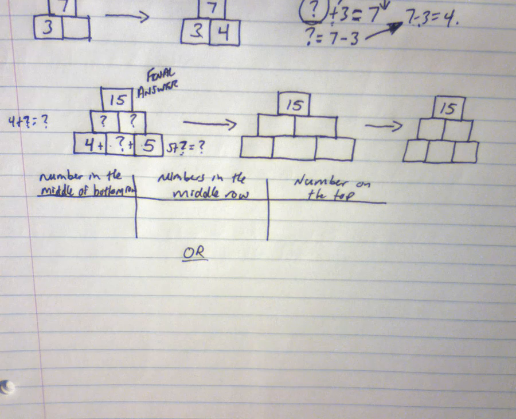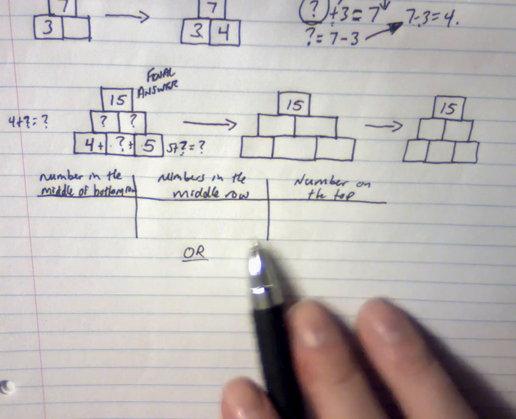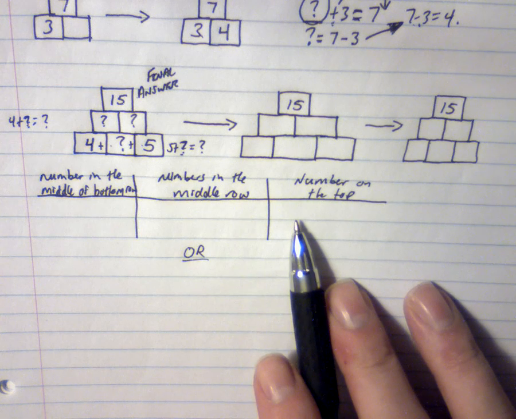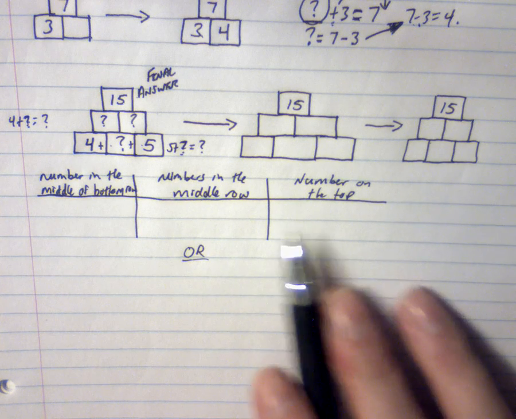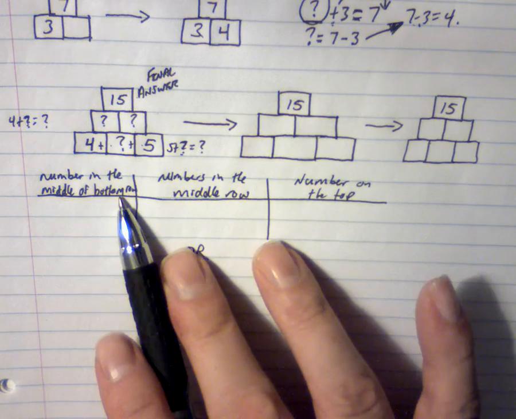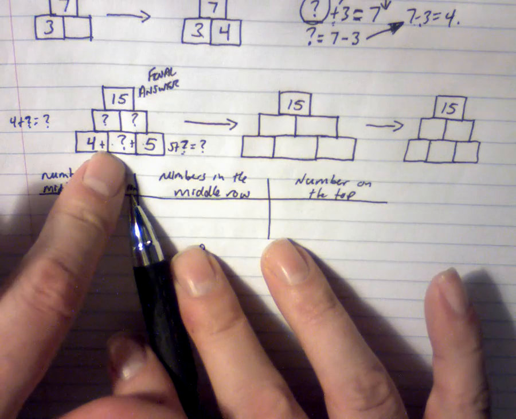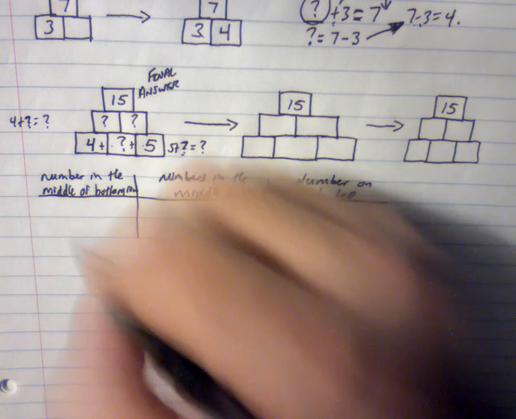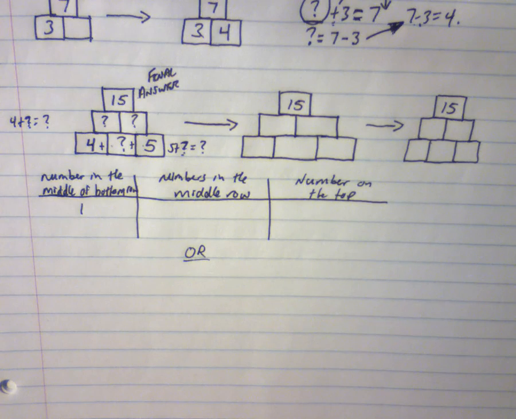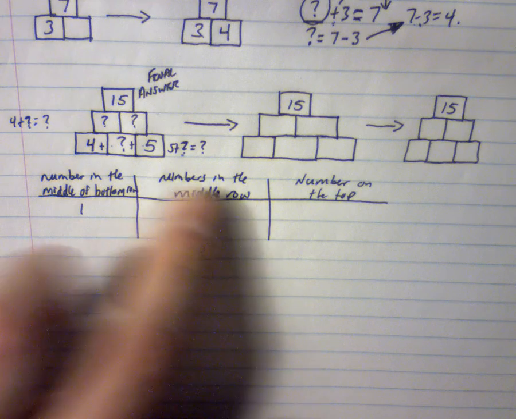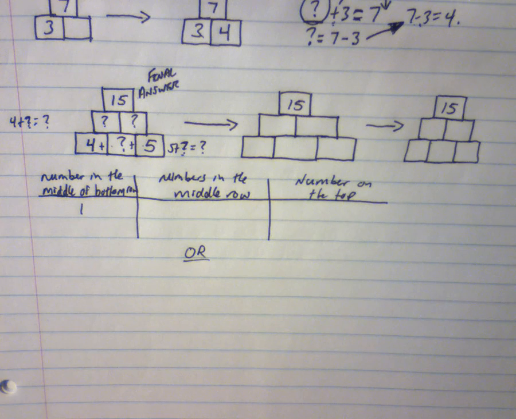And so what we need to do is let's just start filling in some numbers. So you look at this, I have a t-table made up, right? A great way to organize information is using t-tables. So it says number in the middle of the bottom row, right here. Okay, let's put 1. So we input 1 in there. So what could the numbers in the middle row possibly be?